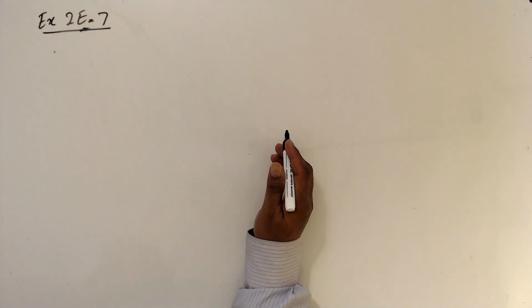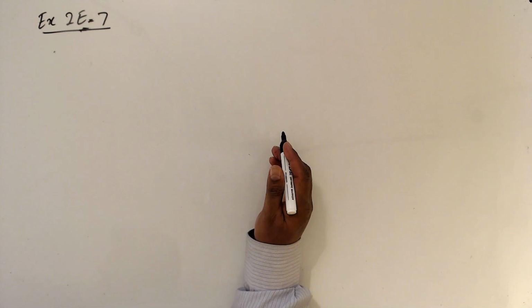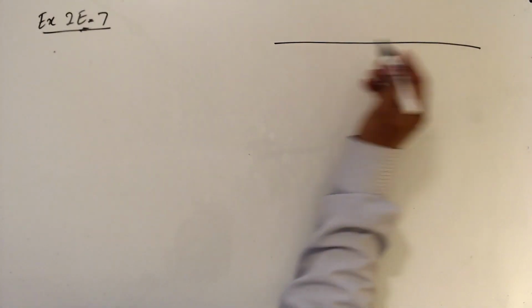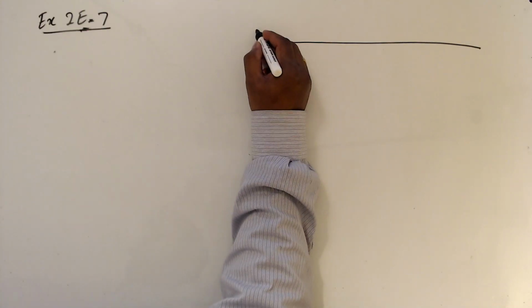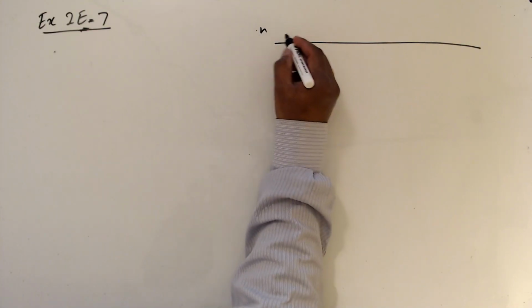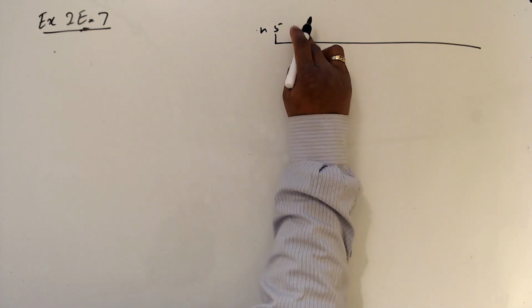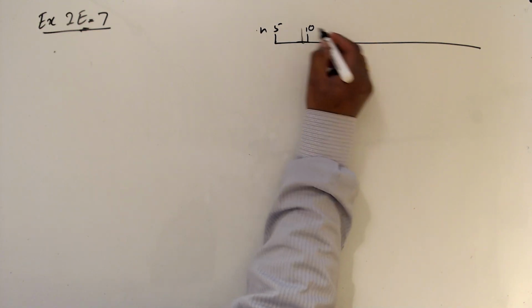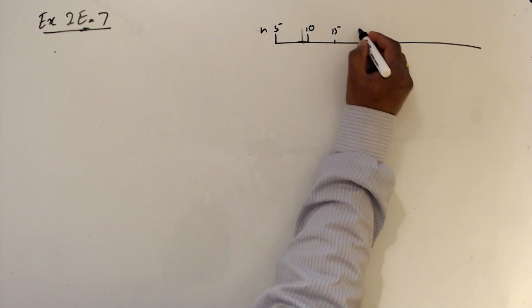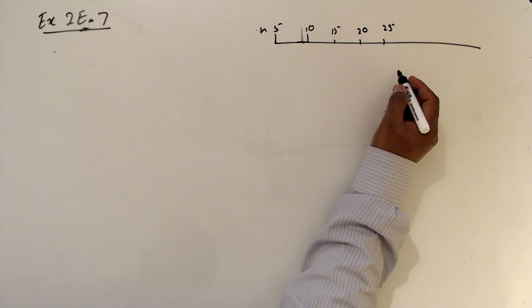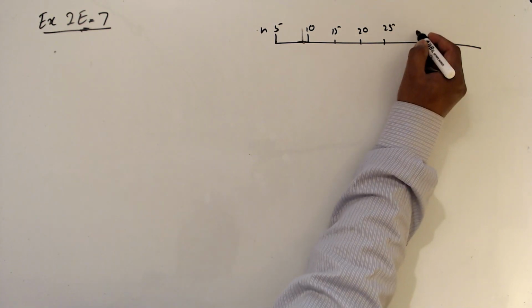Question number 7. It is about a type of machine containing parts, where different amounts of 50 parts were checked. So okay, let's say this is H. It's going to be 5, 10, 15, 20, 25, 30.